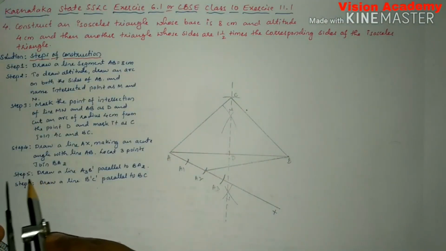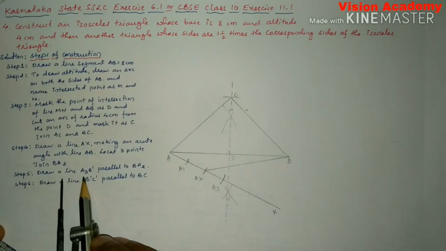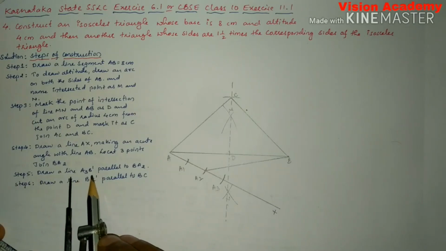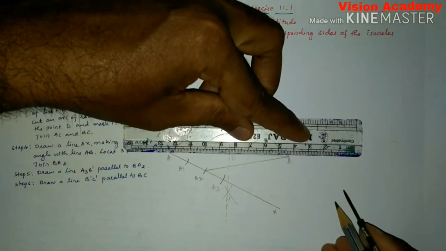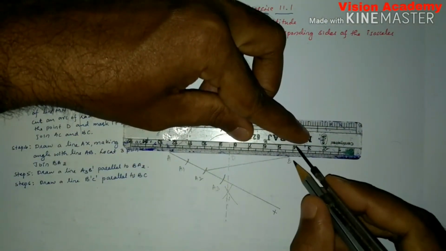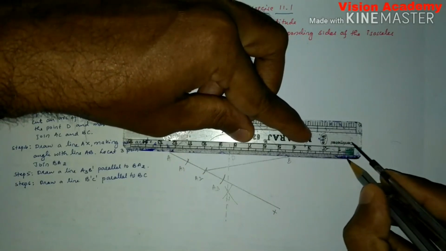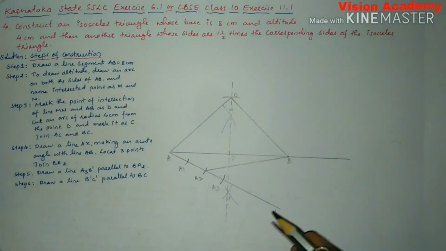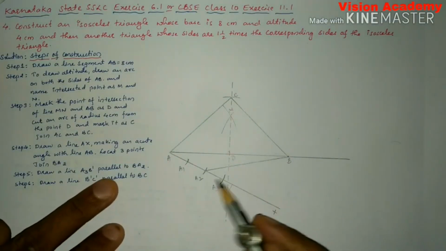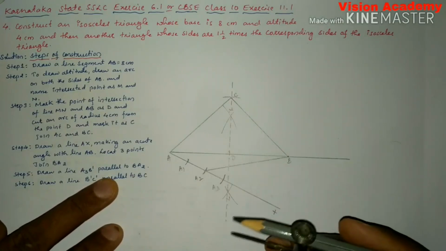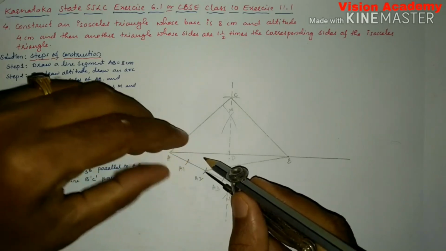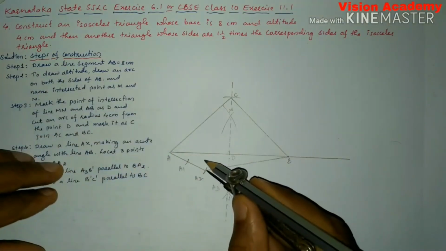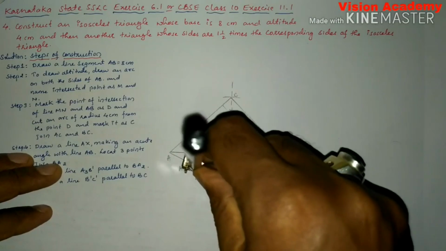Next we'll go for step 5. Draw a line A3 B dash. So A3 B dash, in order to draw A3 B dash, let me extend this line AB parallel to BA2. So in order to draw a parallel line, you have to draw one arc.